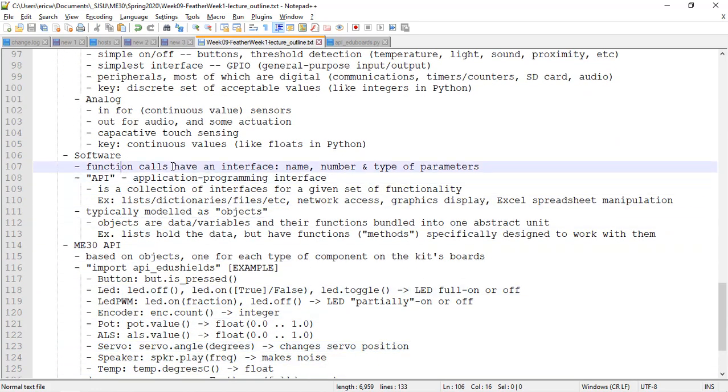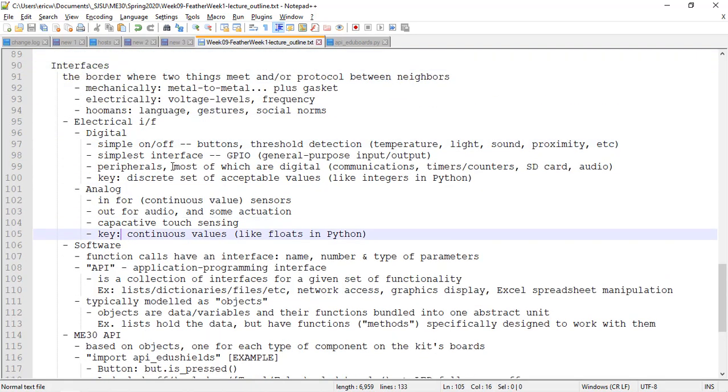So as far as interfaces are concerned, in the context of software, you've already seen interfaces. You've actually made some of your own already. Function calls are an example of an interface. It's a way to get from one piece of code to another. And the interface is basically being able to name the function and knowing the right number, type and order of parameters.